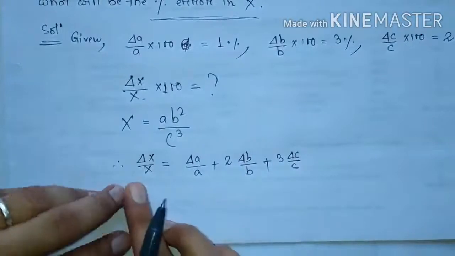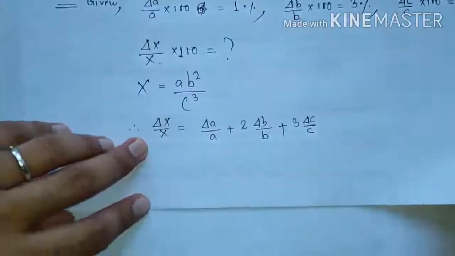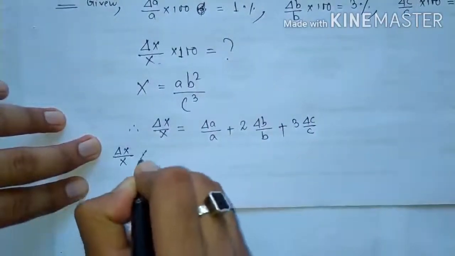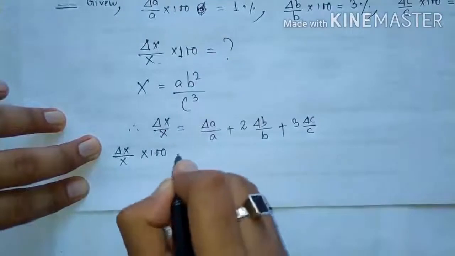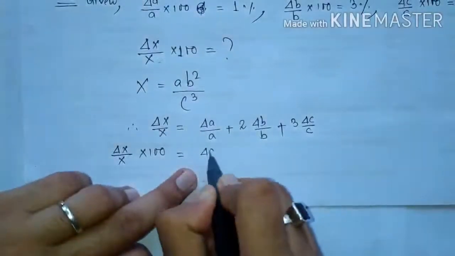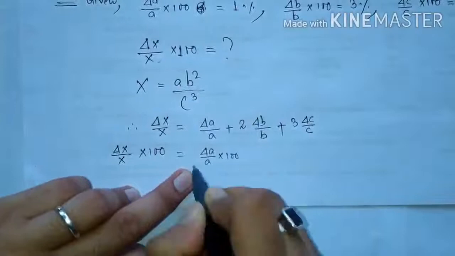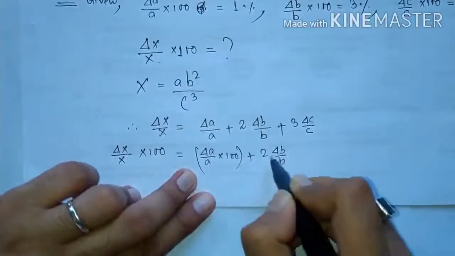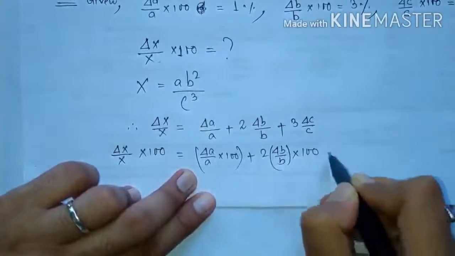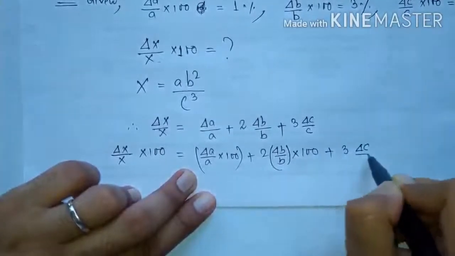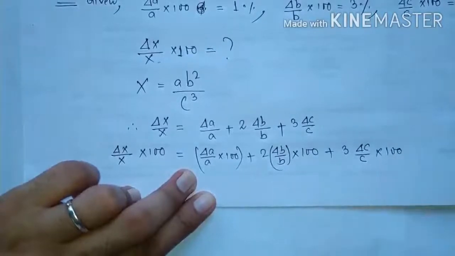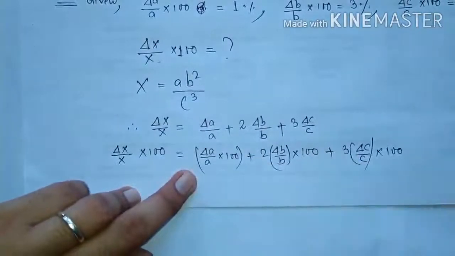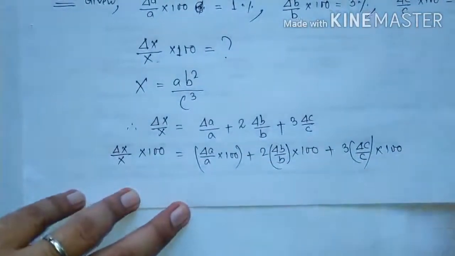Therefore, as this is the expression of relative error, the percentage error in x, which we have to find, that is delta x by x into 100, will be equal to delta a by a into 100 plus 2 delta b by b into 100 plus 3 delta c by c into 100. What I have done is that I have just multiplied this entire equation by 100 so that we can get the expression of percentage error.